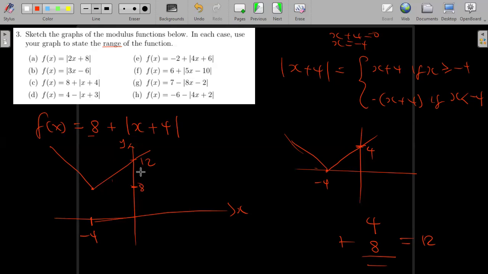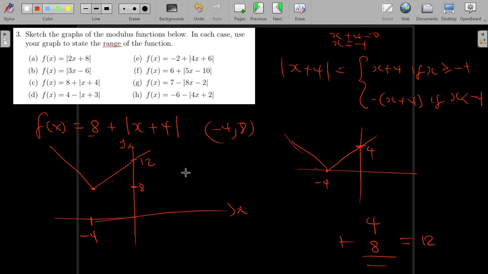The 8, -4. Okay, -4, 8. That is right. Yes, here, this point, right? So we're starting from there, but I don't understand.